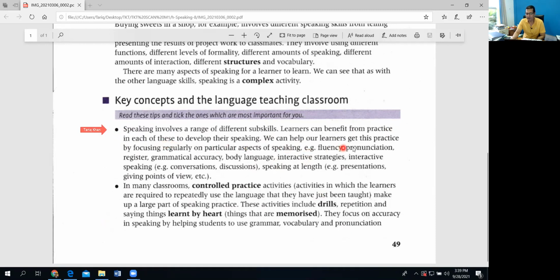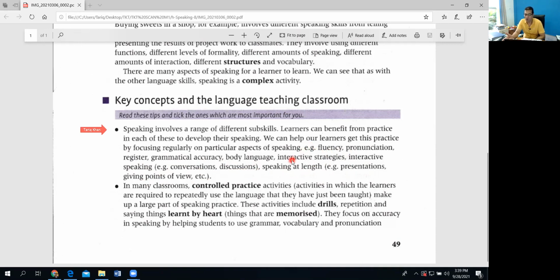We can help our learners get this practice by focusing regularly on particular aspects of speaking: fluency, pronunciation, register, grammatical accuracy, body language, interactive strategies, interactive speaking, conversation and discussion, speaking at length, e.g. presentation, giving points of view, etc. So these many things are involved as subskills of speaking.